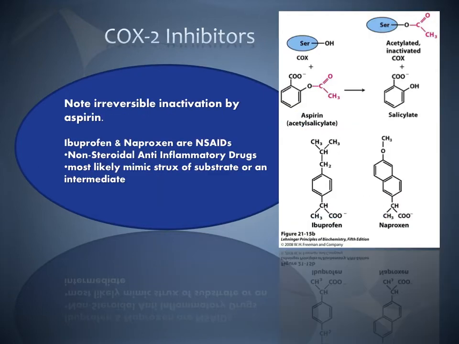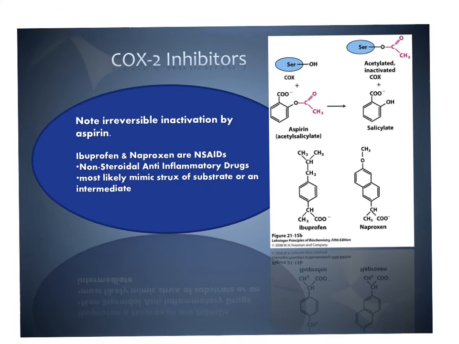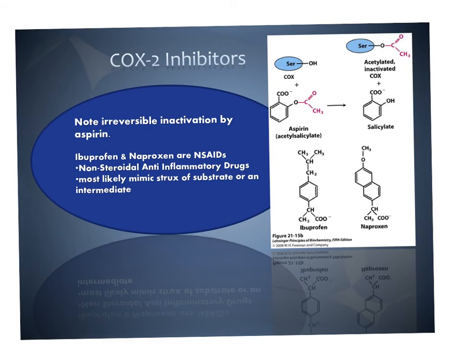So the COX inhibitors that we have are the NSAIDs. I showed a better picture of this last time in enzymology, but there's a serine. This is not the active functional group for the enzyme, but it's in the binding site, so it blocks. When aspirin binds, it's a suicide inhibitor.